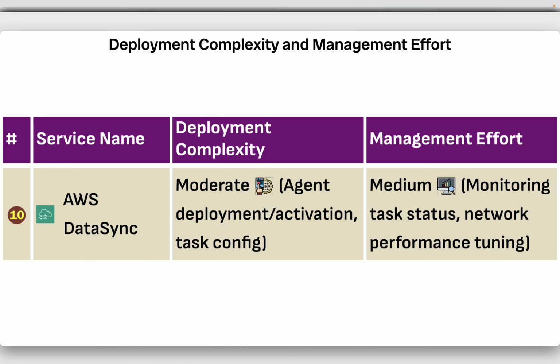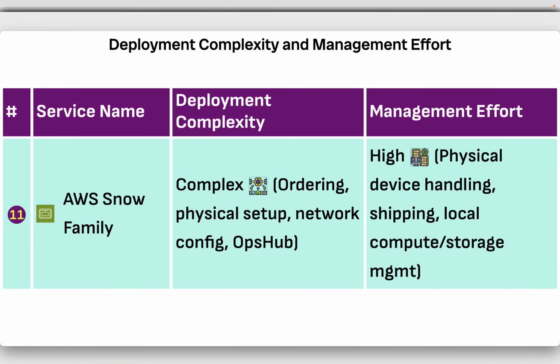Next, AWS DataSync. Deployment complexity is moderate, and the tasks could be agent deployment and activation and task configuration. Management effort is medium, and the tasks are monitoring task status, network performance tuning. Next, AWS Snow Family. So it's a complex deployment, and the tasks are basically you have to order the physical device, setup, network configuration, and OpsHub installation, and working with OpsHub software.